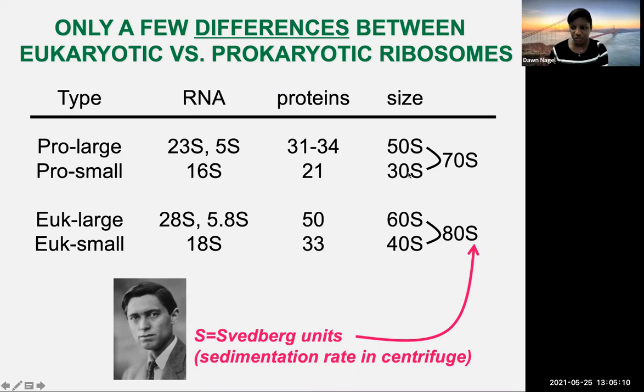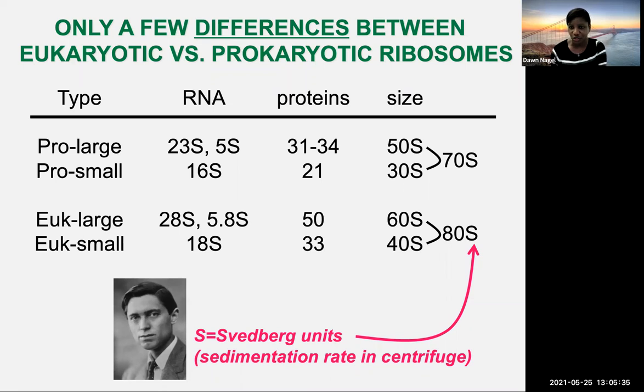They are usually referred to as whatever the number is, S, and this S is really just the Svedberg unit, a sedimentation unit. This unit is based on how fast the ribosome hits the bottom of a tube when you use a centrifuge to spin it, right?